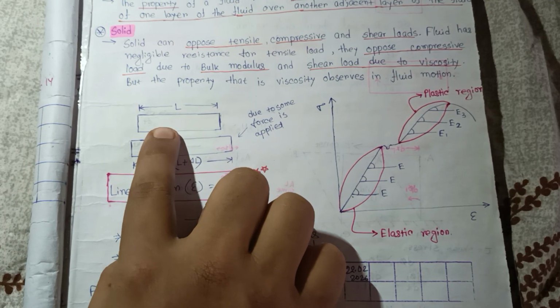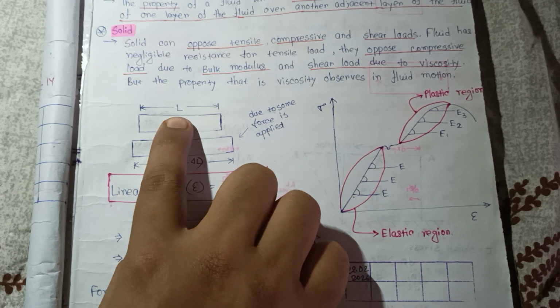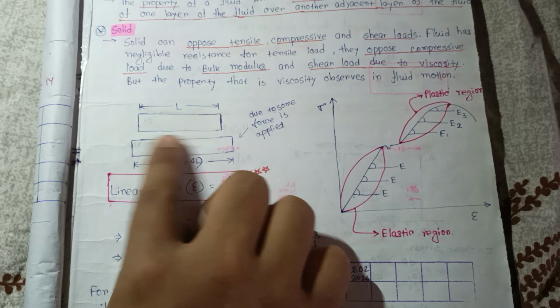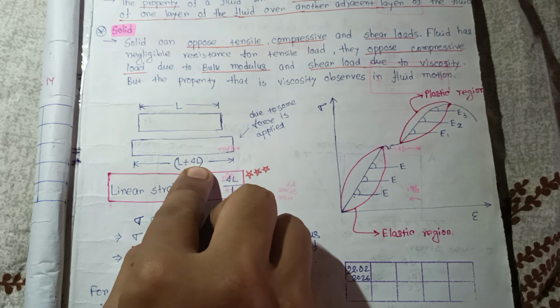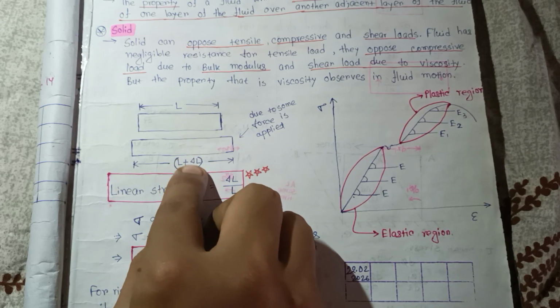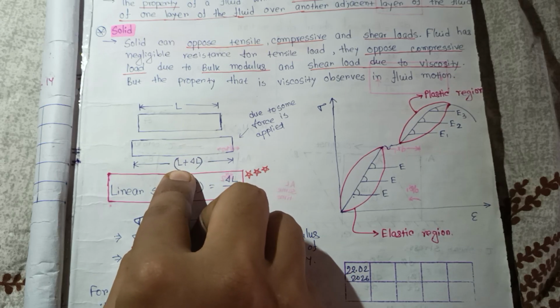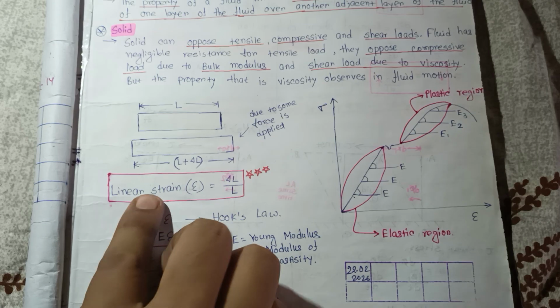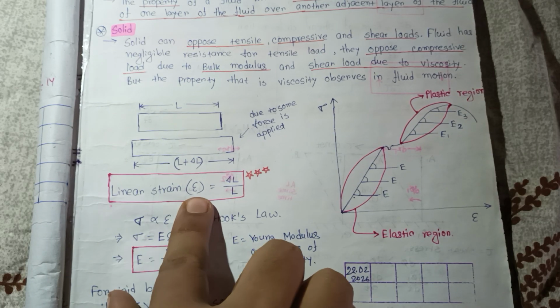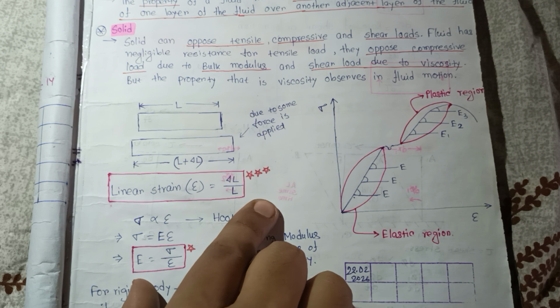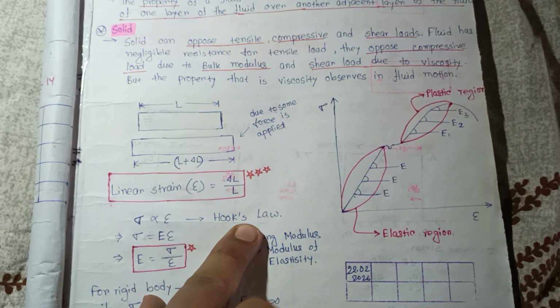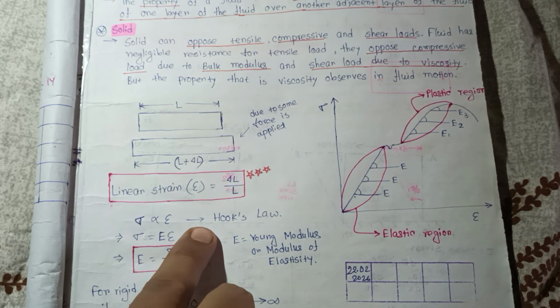This is a metal rod considered, and the length of the rod is L, and after applying some forces the length increases. If you apply some tensile force, the length increases to L plus delta L. So if you want to calculate the linear strain epsilon, that is delta L by L. From Hooke's law, stress is proportional to strain.